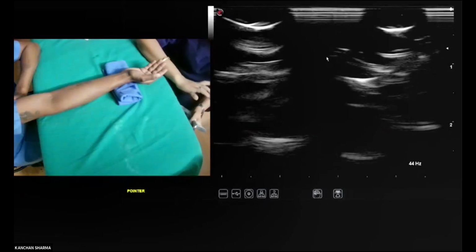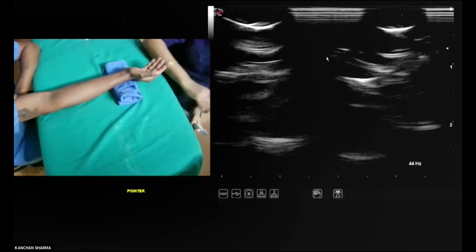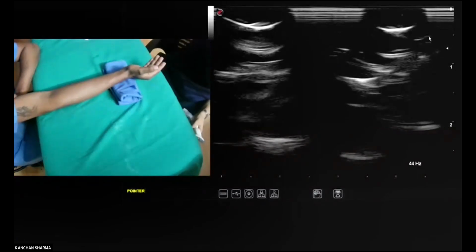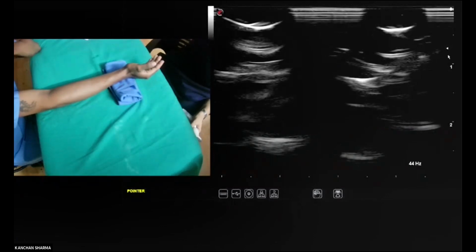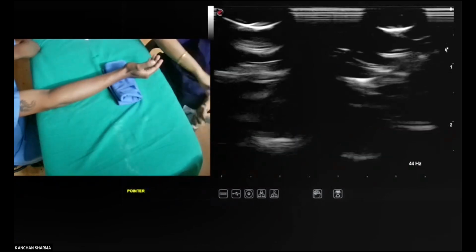Frequency is 13 megahertz. The depth I have kept is approximately 2 centimeter, and my focus is this small white arrow. Because the median nerve is a very superficial structure, I have kept it at 0.5 centimeter.